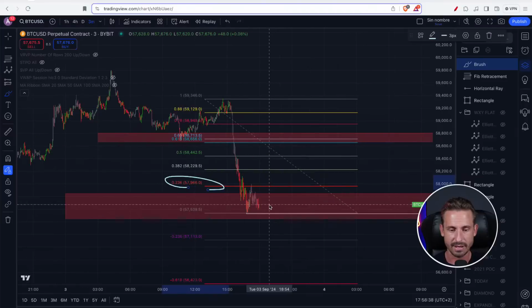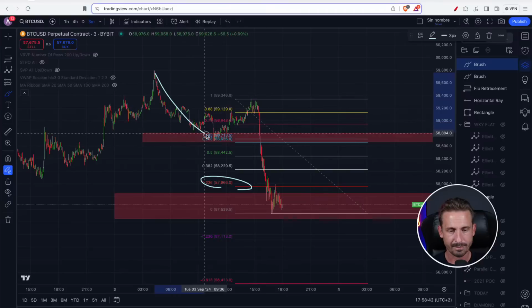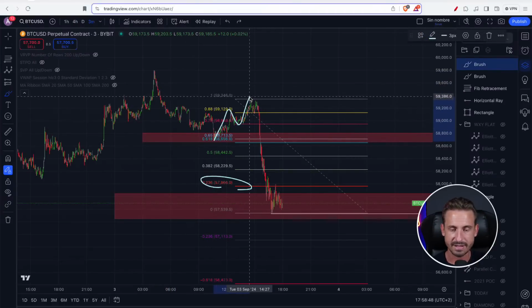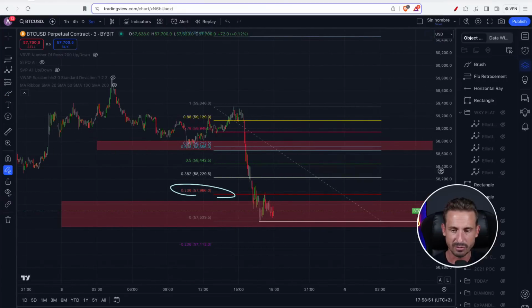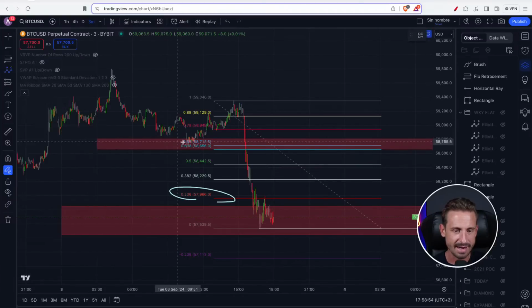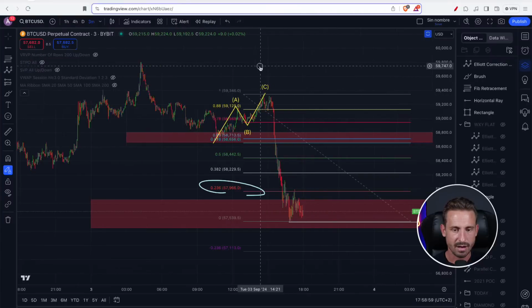This is the only inconvenient, but with this being a wave one, quite long, this being a wave two, and a beautiful three-wave structure, very simple to understand, very simple to see. This has formed an ABC. We can clearly see a three-wave move here today.